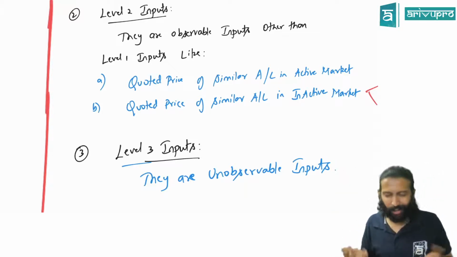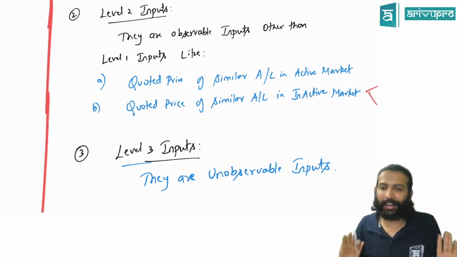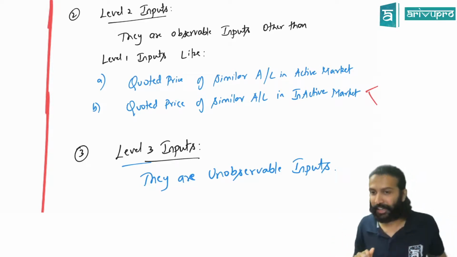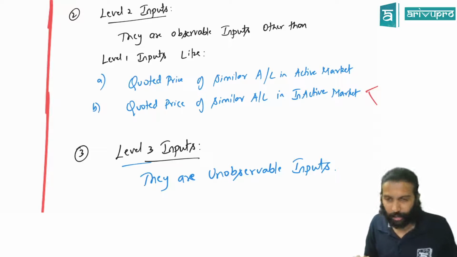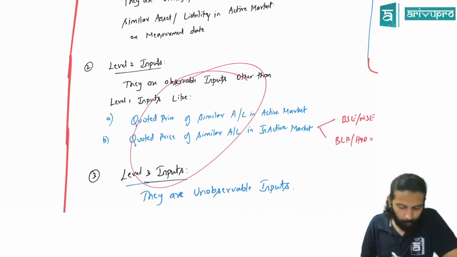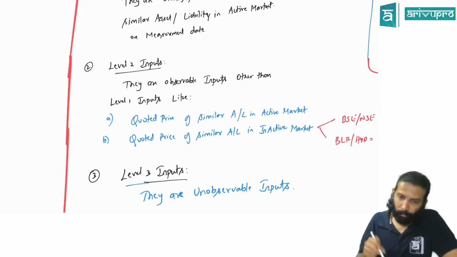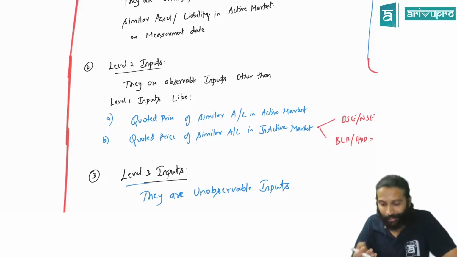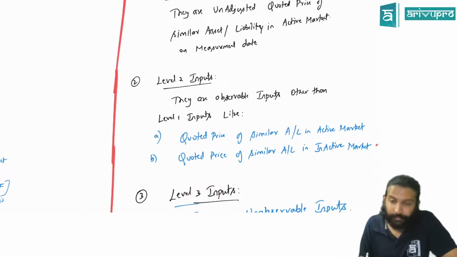Back then, if I had told all this, it would not have gone into your head. So we kept it as it was. We wrote it, but I didn't explain it much. Now, if you go back, I think you'll be able to tie it out. Any confusion? Hence, level 1, level 2, level 3 is important, for this standard as well as for other standards. They may combine this in other standards also.